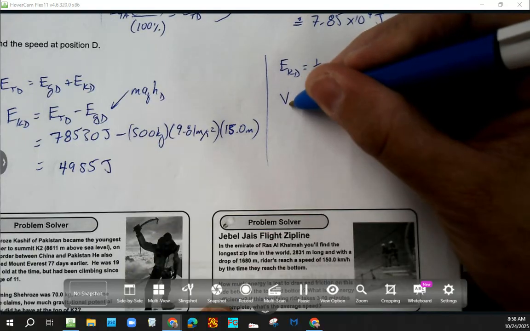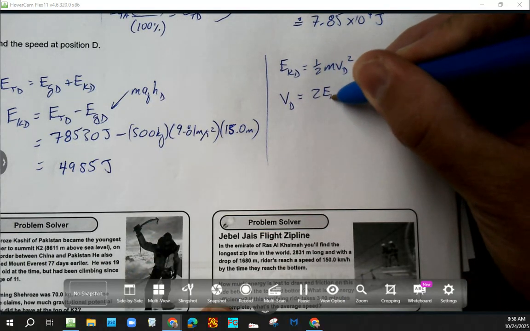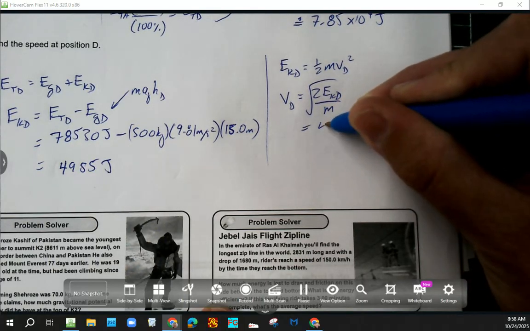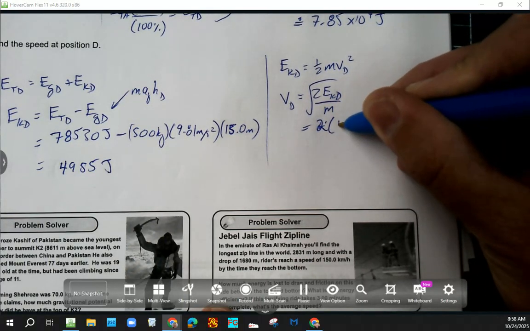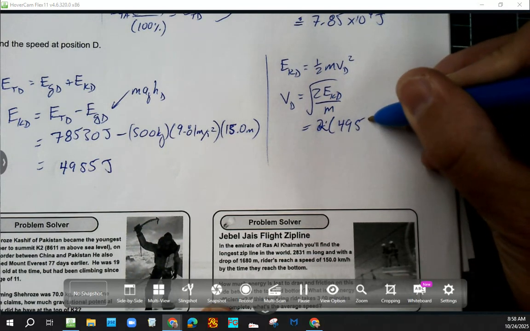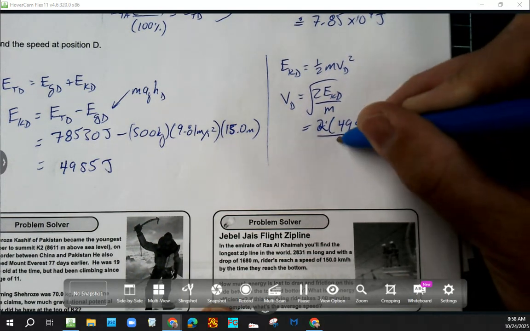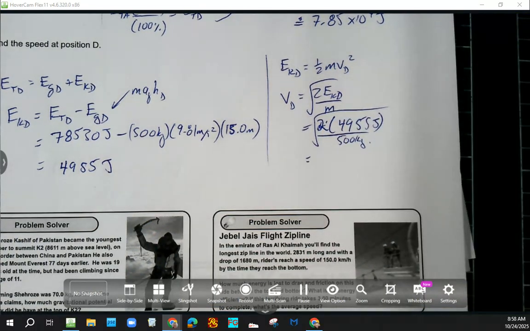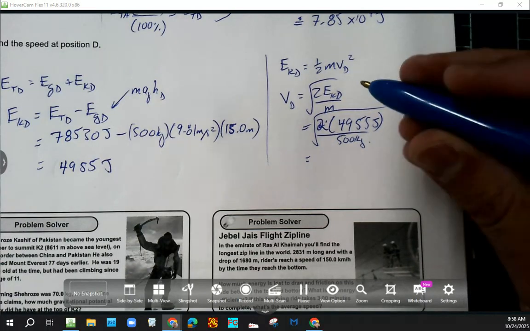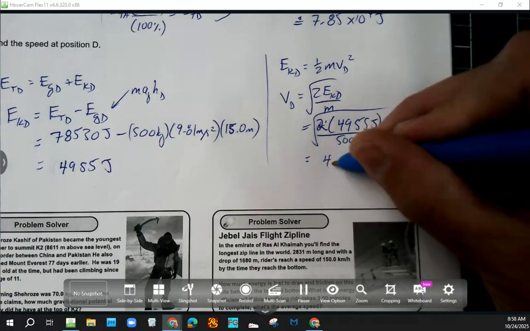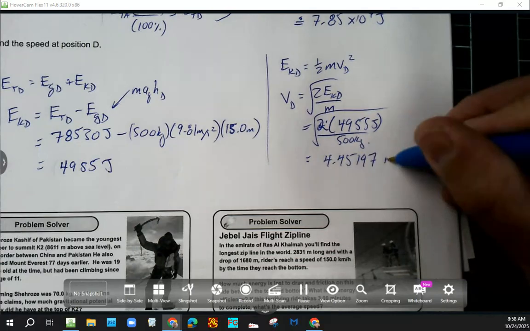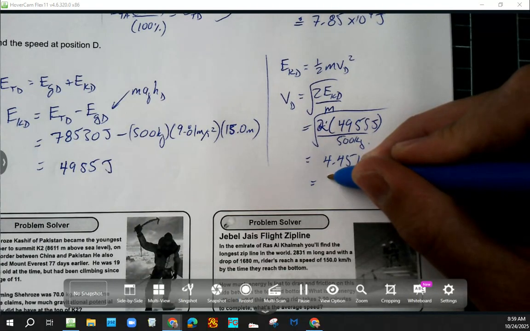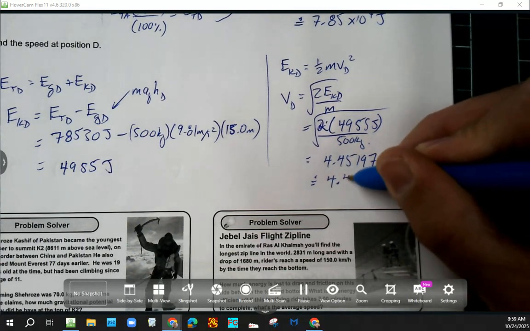VD all by itself equals, Avery, you said 4.45? 4.45197. Nice. Meters per second. And of course, that's going to be approximately 4.45 meters per second.